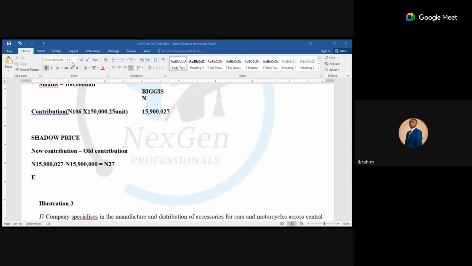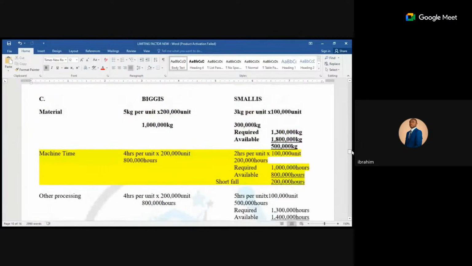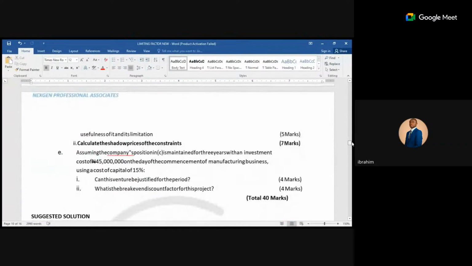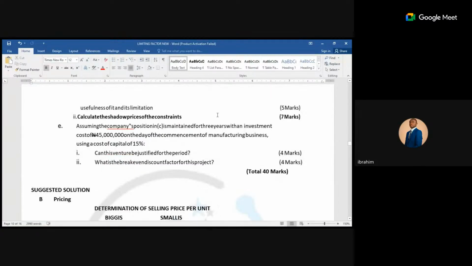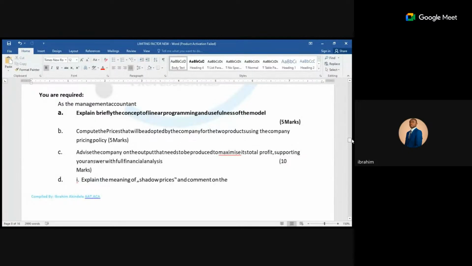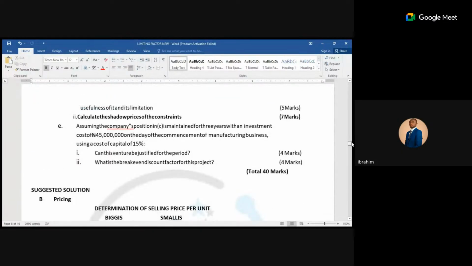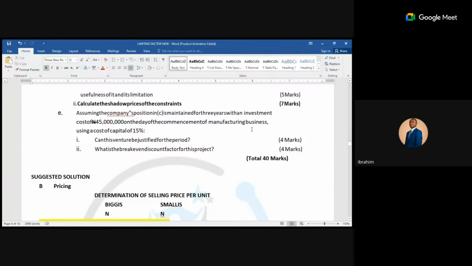Okay, we need to move further. What is the next requirement? E, assuming the company position in C. We determine the profit in C, which is maintained for 3 years within an investment cost of 45 million.